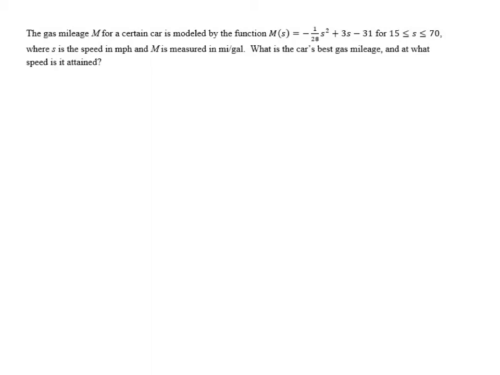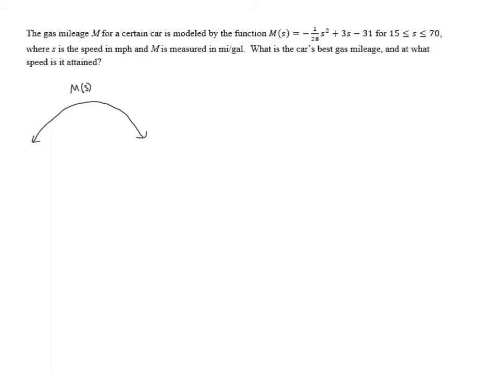So this is a quadratic function, and the leading coefficient is negative. What this means is that the graph is going to be a parabola that's opening downwards. So our graph is going to look very vaguely something like this.